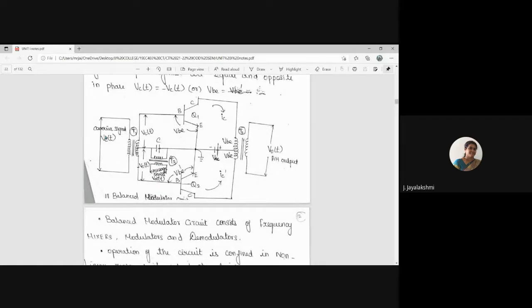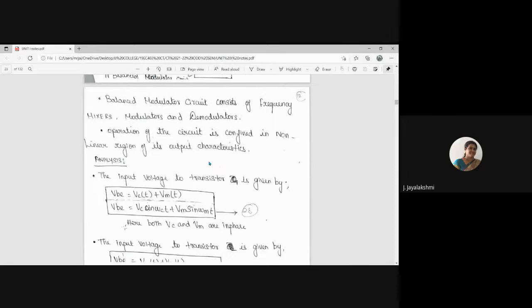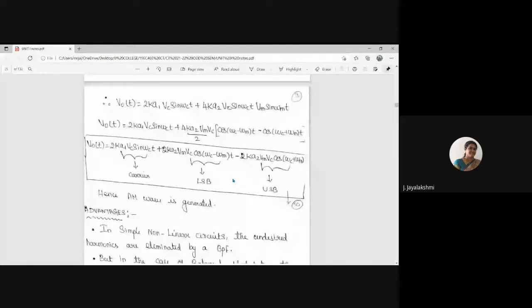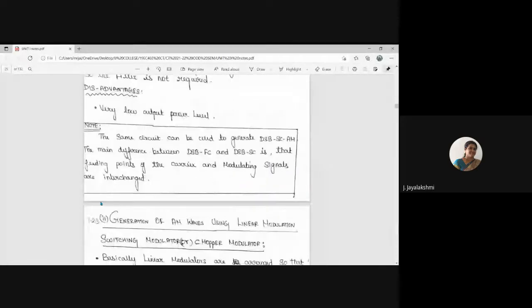Instead of feeding the message signal here, feed the carrier here and feed the message signal here. So the carrier will get suppressed and the output will have only the double sideband. This is the other way of generating double sideband suppressed carrier. You have to interchange the positions where you feed the carrier and the modulating signal as input.